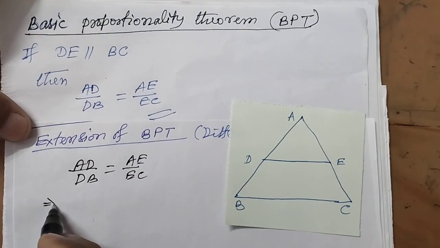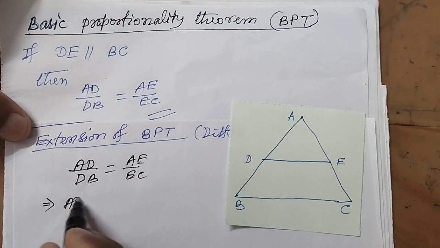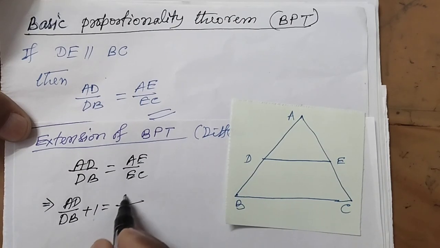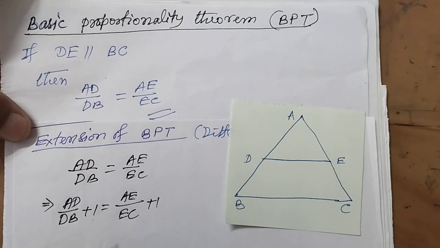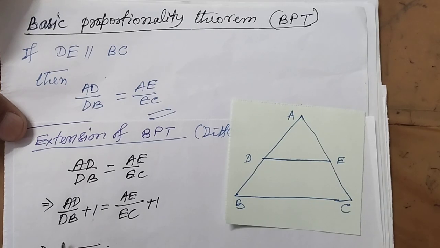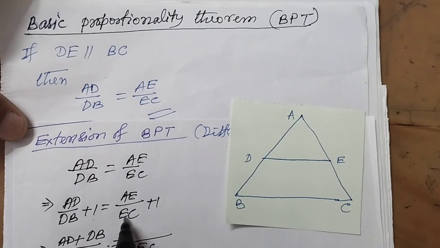Now if we add 1 on both sides, AD by DB plus 1 is equal to AE by EC plus 1. Just adding 1 on both sides. Now if you take LCM DB here, the numerator is AD plus DB into 1, which is DB. On the right side, EC is the LCM, so AE plus EC.